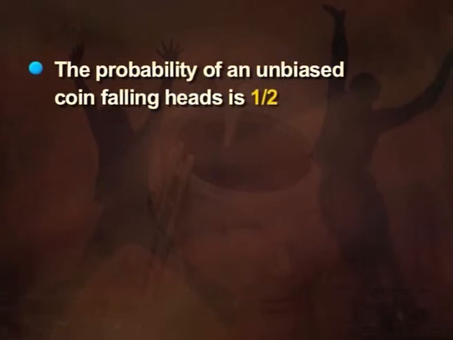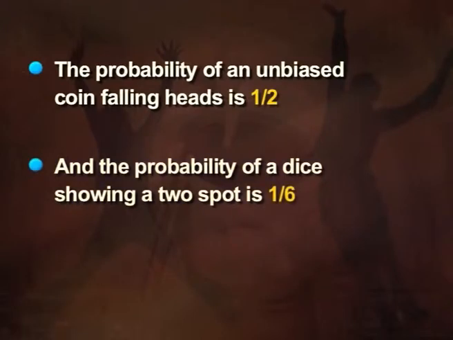As we can see from the slide, the probability of an unbiased coin falling heads is 1 by 2, and the probability of a dice showing a 2 spot is 1 by 6. So, from this probability we can find out how many chances there are for the dice to fall on 2 and for the coin to fall head or tail.